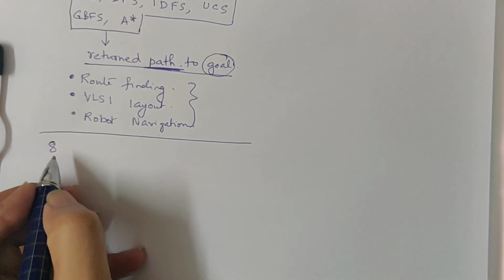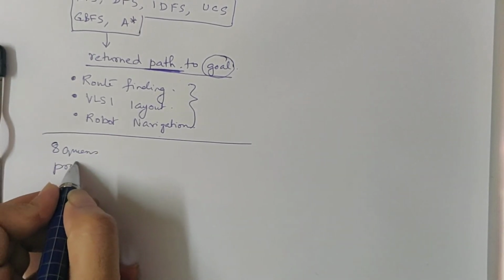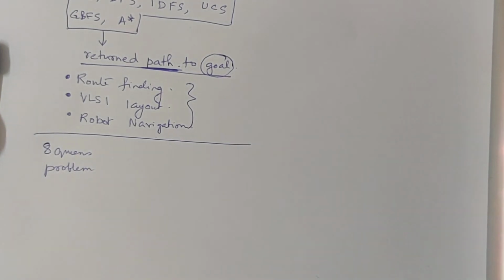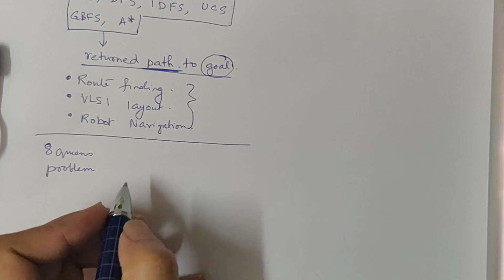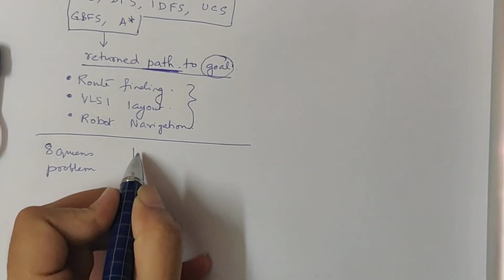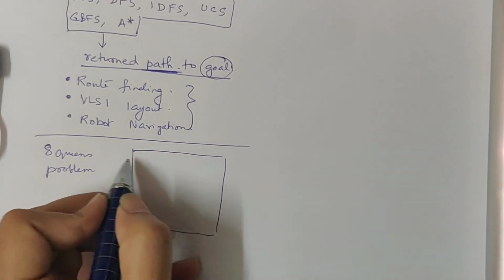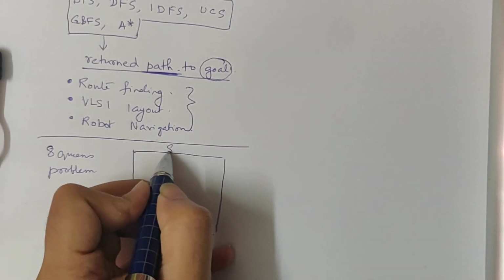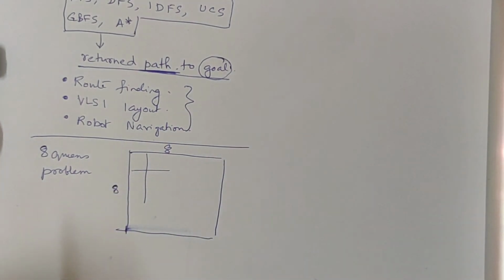Let us take up the example of the 8 queens problem. Many of you may have heard of it, but still I will explain for others. What is the 8 queens problem? It's a chess board, an 8x8 chess board, and you know how the queen moves.